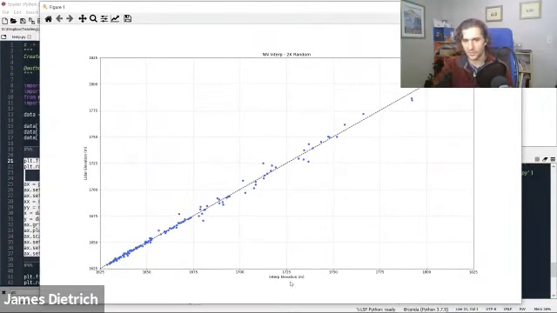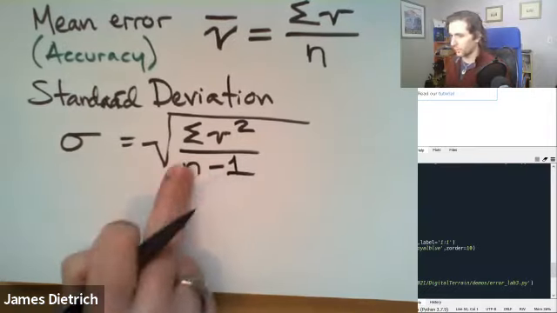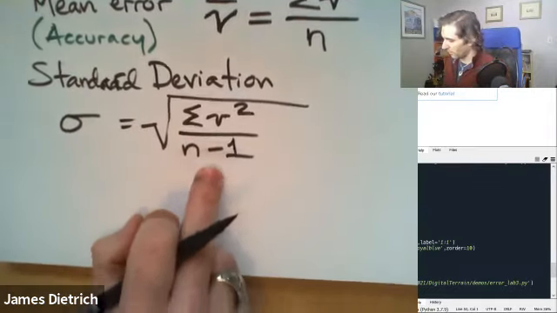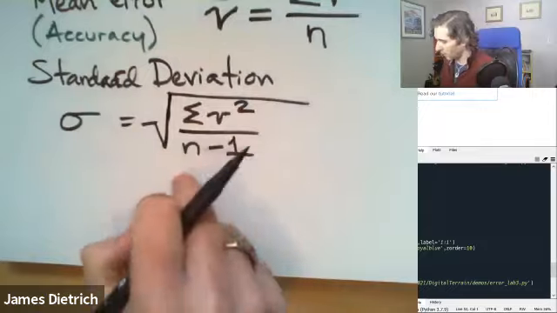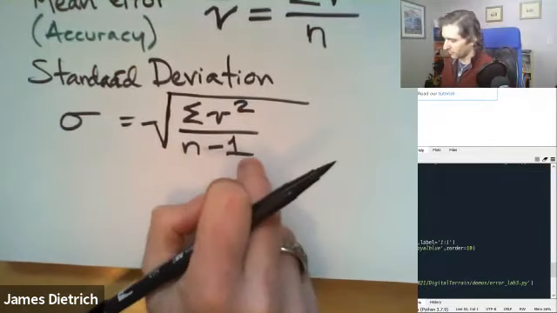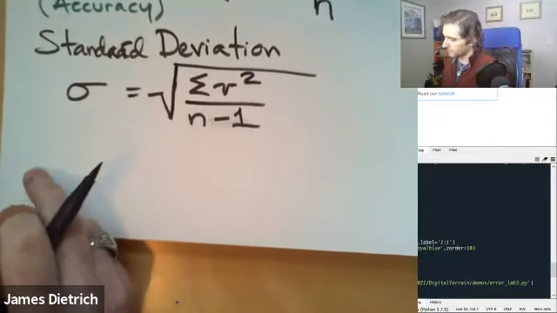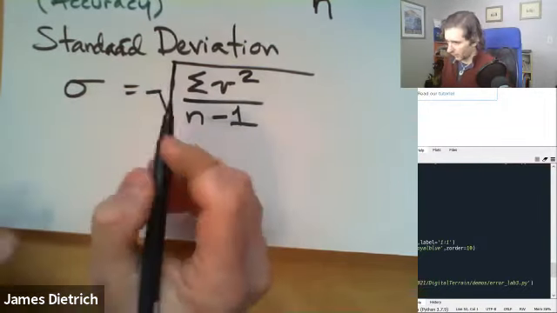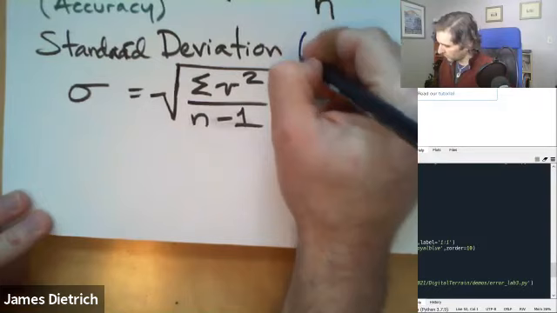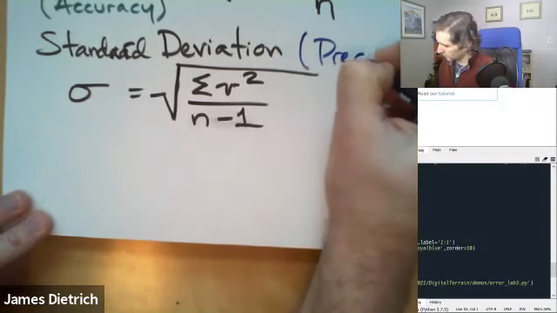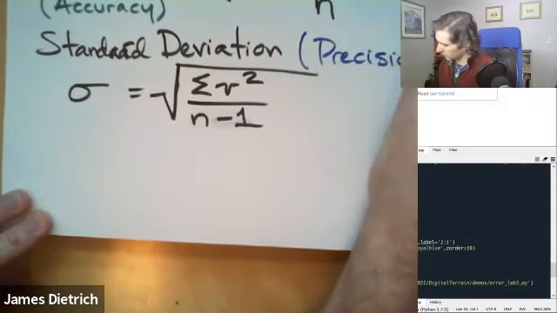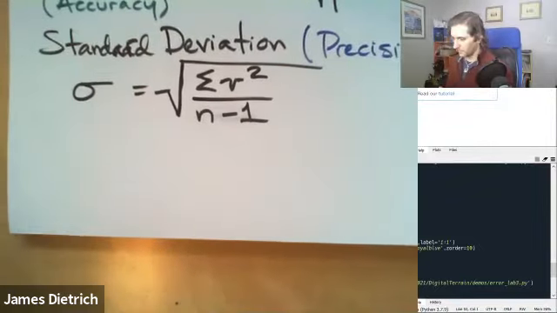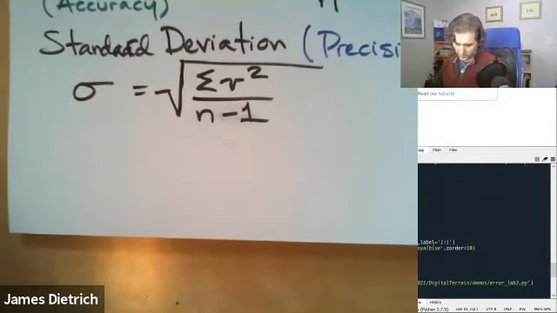And then because statistics is funny, the denominator here is n minus 1, the number of observations minus 1. And so standard deviation gives us some idea of the precision in our measurements.